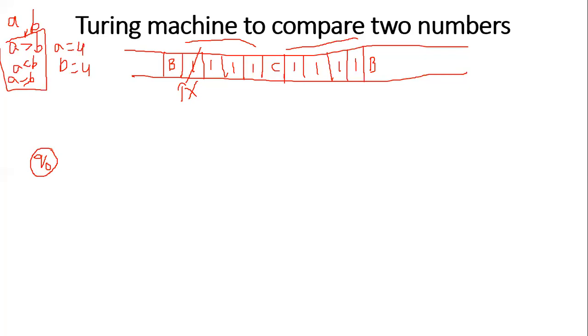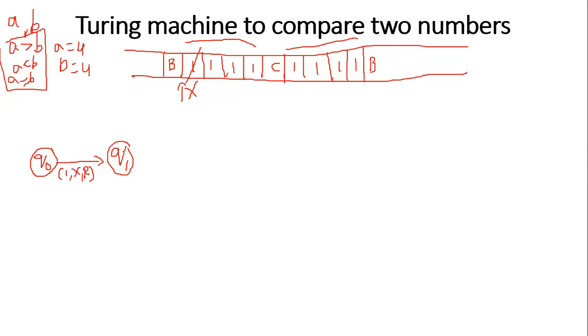The input head always points to the first symbol. For the first time you get 1, replace 1 with x and move to the right side. How long are you supposed to move? You have to replace 1 with x and keep moving to the right side of C, ignoring all the symbols in between.